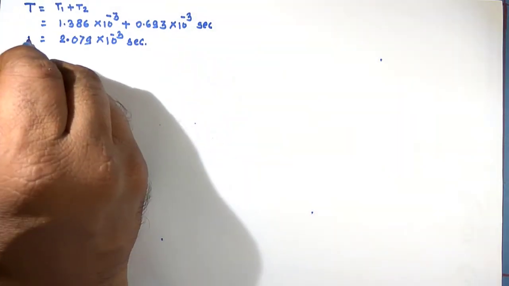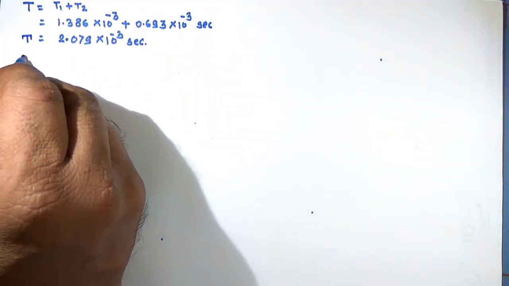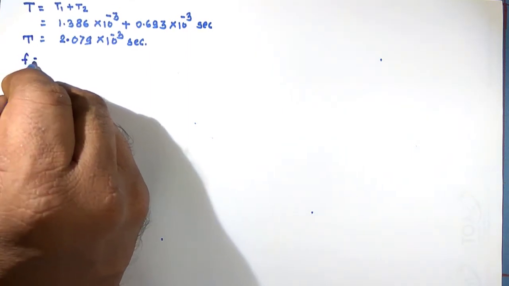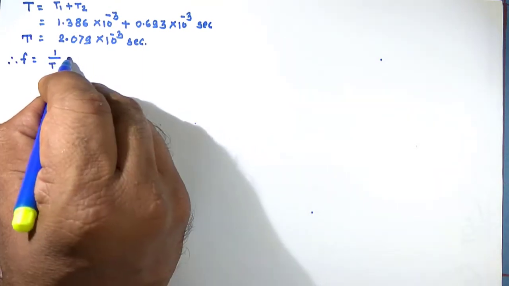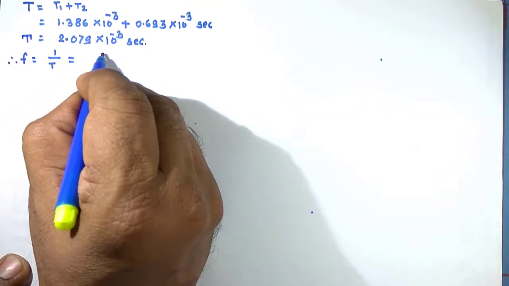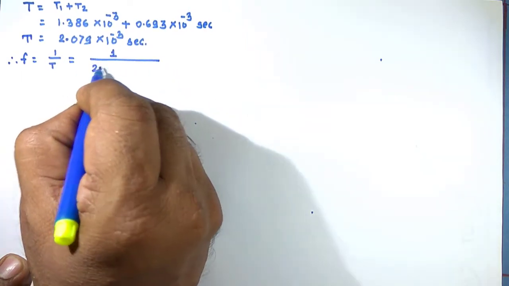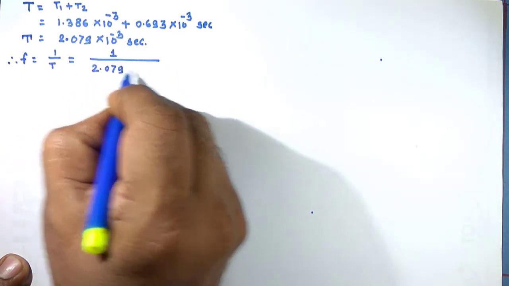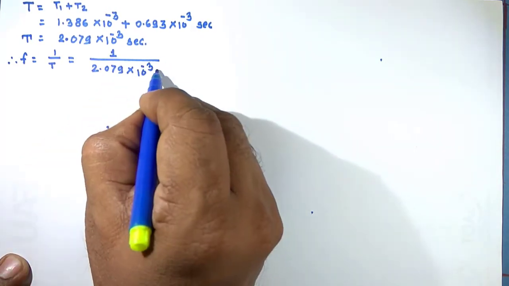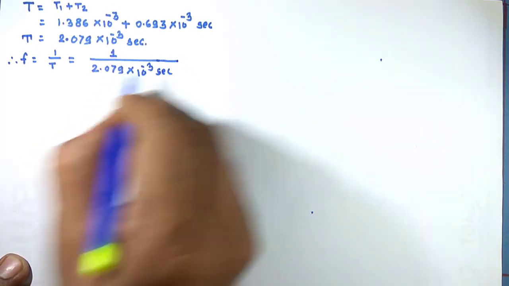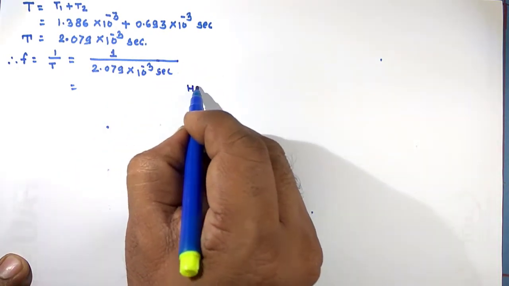So once we know periodic time T, we can find frequency, and frequency is equal to reciprocal of T, that is 1 upon T, and hence frequency is equal to 1 upon 2.079 into 10 raised to minus 3 second. So this is 1 upon second. 1 upon second is hertz.